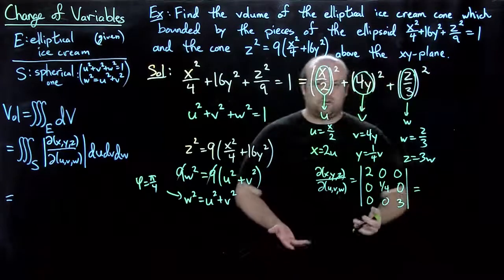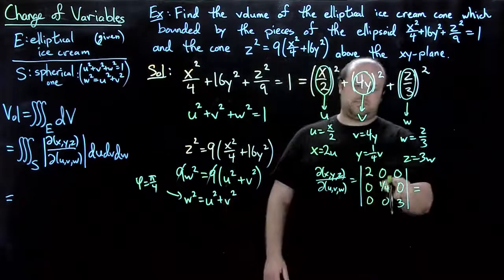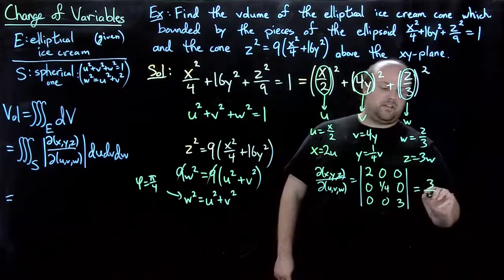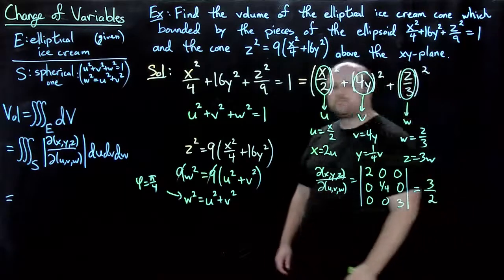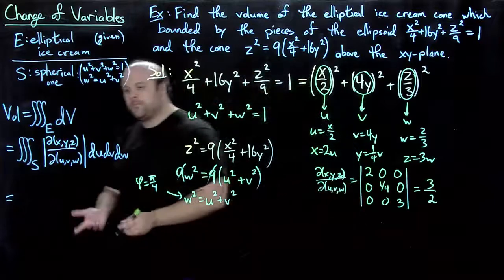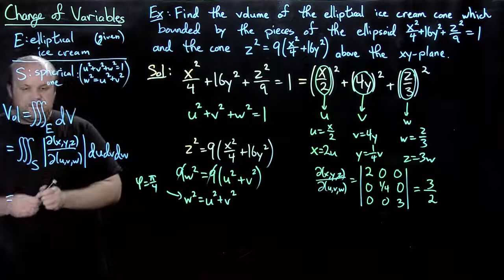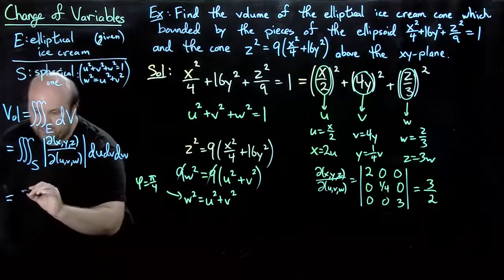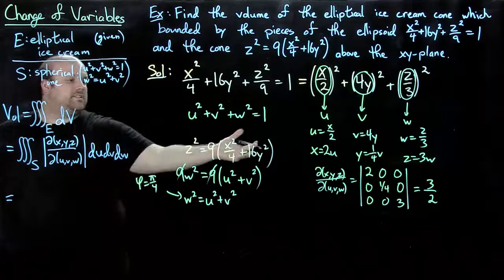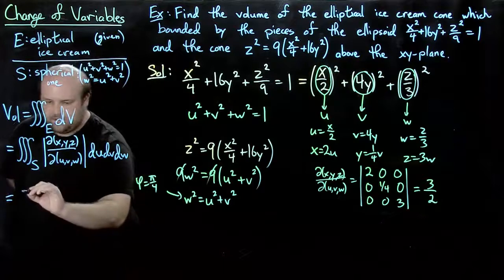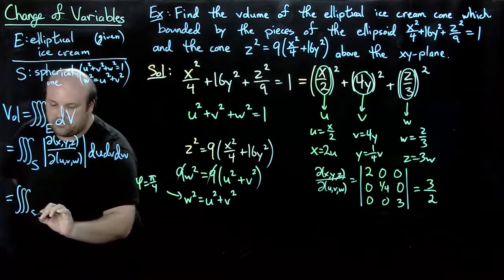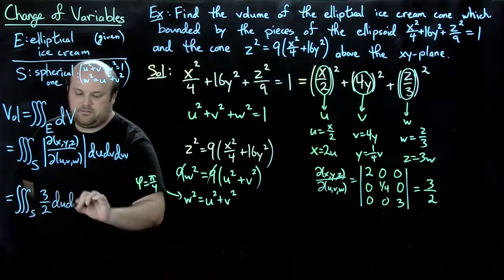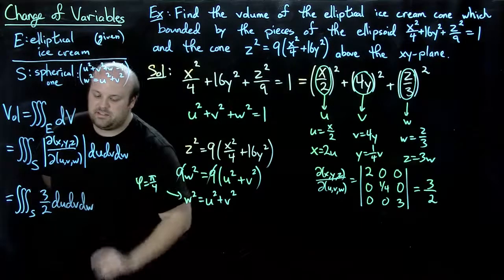Since there are zeros everywhere but the diagonal, the determinant is just the product, and you get 3/2. You can check that. That means now we take the absolute value of that, but it's positive. So this is the triple integral over S of 3/2 du dv dw.